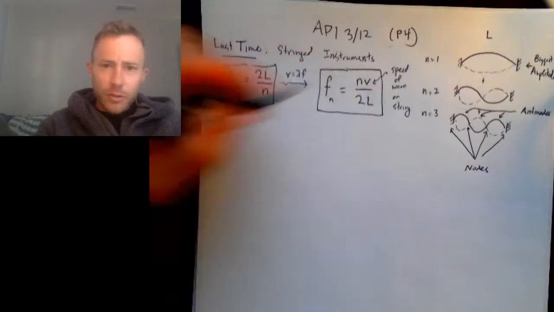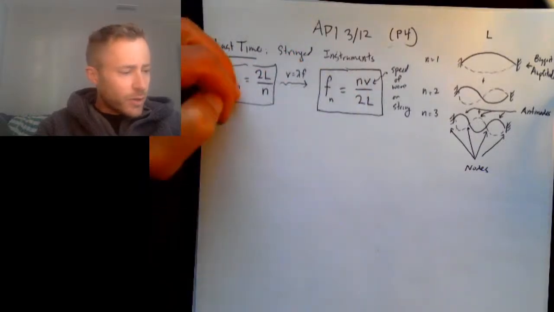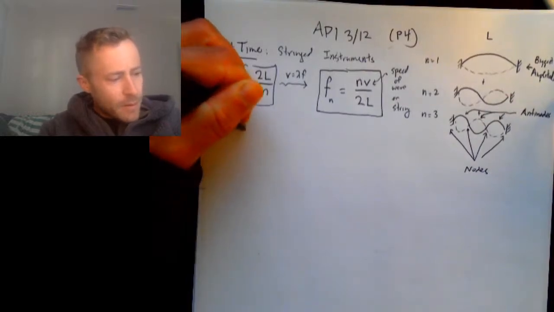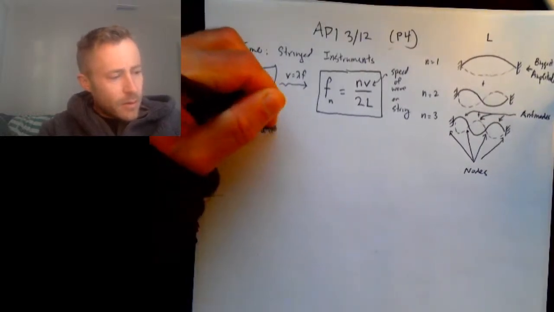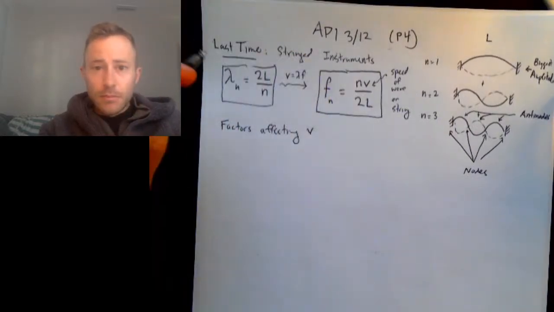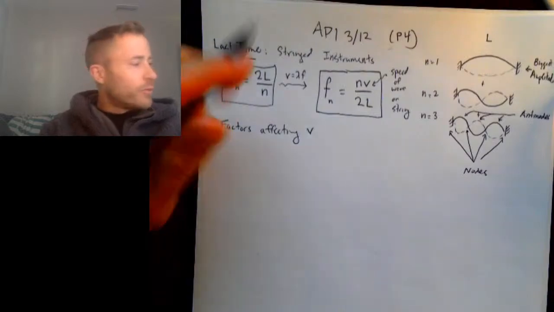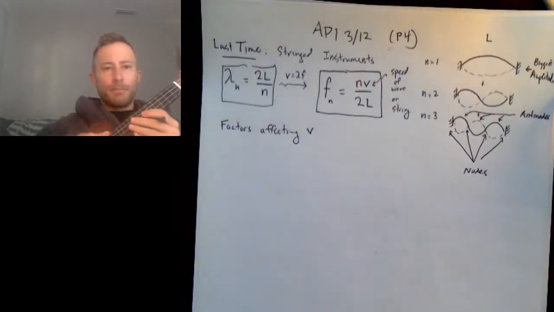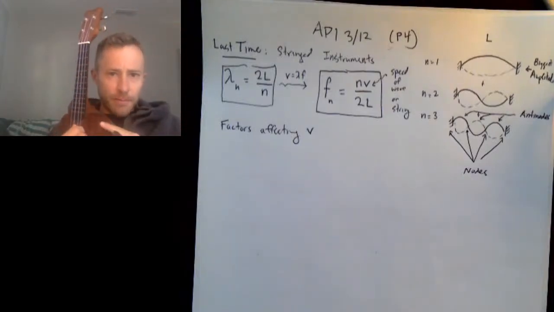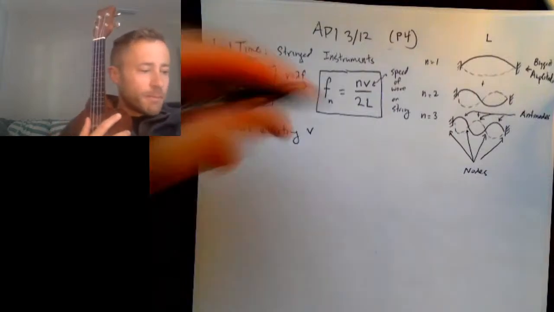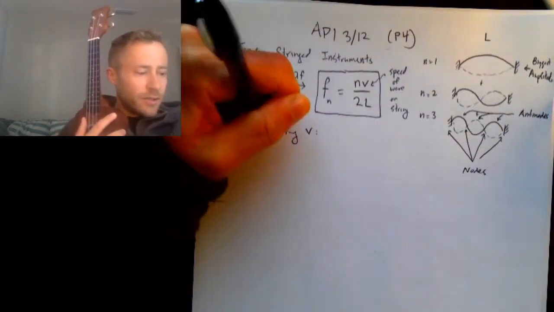One of the things I wanted to talk about, we also talked about factors affecting the wave speed. If you have a musical instrument like a ukulele, the first factor is the thickness and the density of the string.